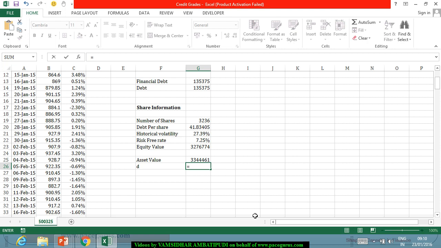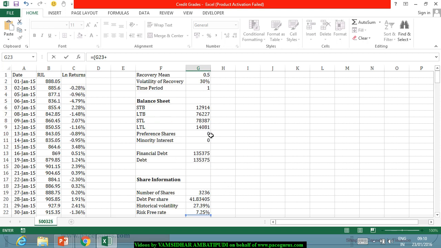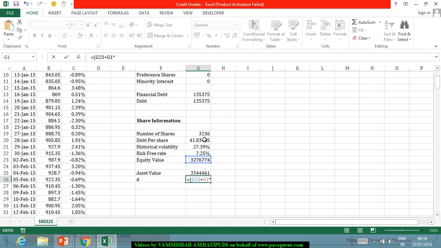So here I'll use the value of equity plus pi bar D, which is nothing but pi bar times D. Here equity also we can take per share.